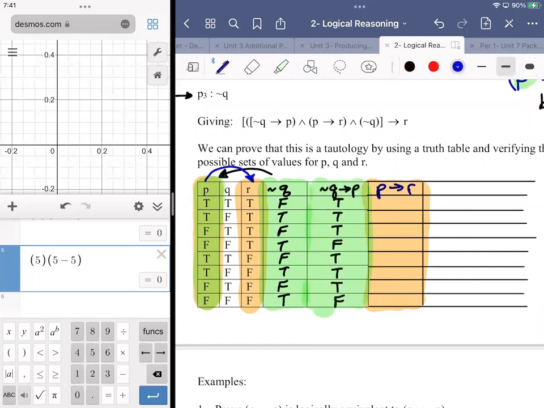All right, so the P implies R. Again, true implies false is false, otherwise it's true. So true, true, true, true. This one's false. This one's false. True and true.